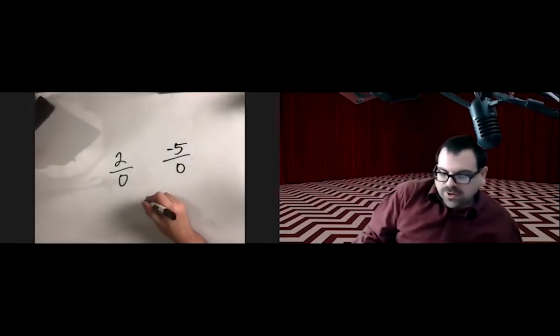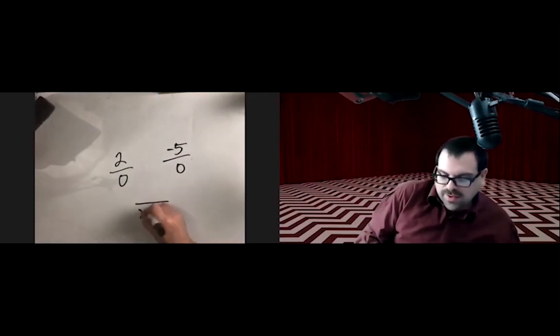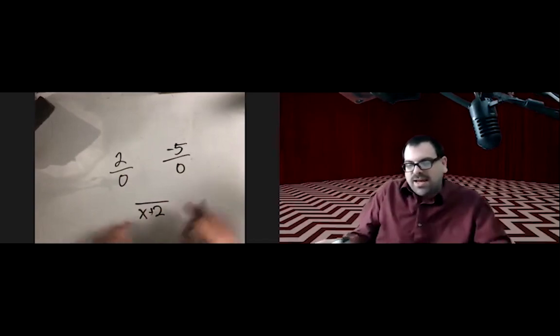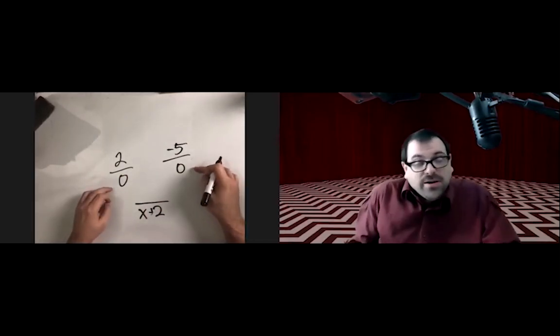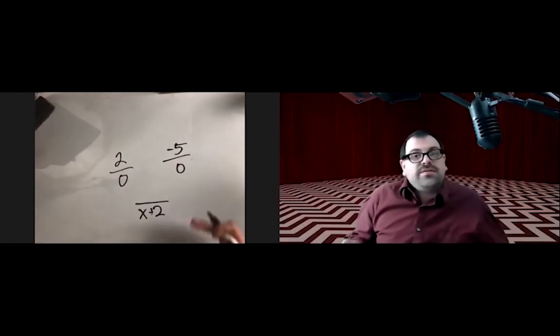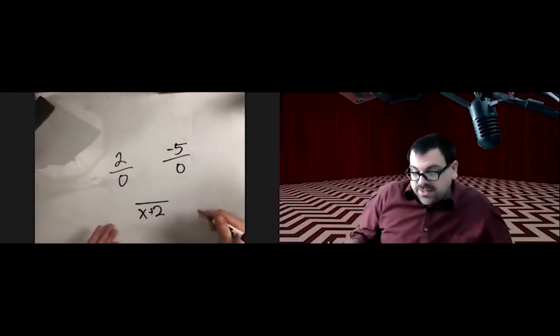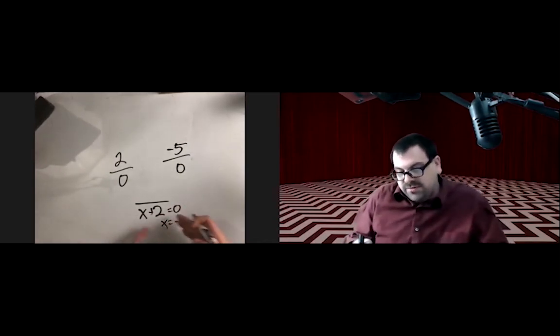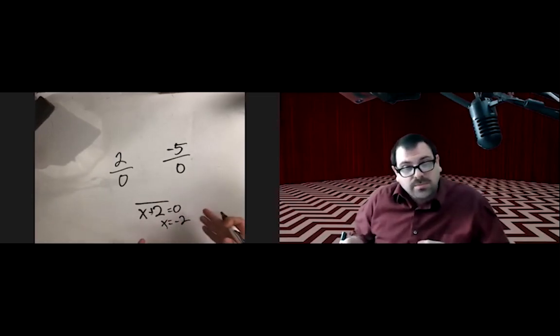But we started working with these expressions. So instead of just saying, watch out for a 0 on the bottom, this turned into a whole discussion about restricted values. Restricted values give us 0 on the bottom.